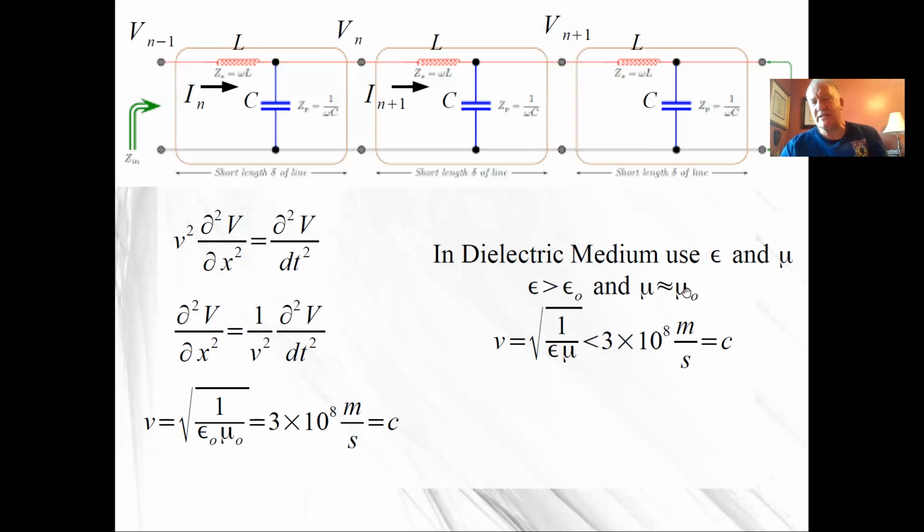So it's about approximately the same value. The velocity is still 1 over the square root of epsilon times mu, but now epsilon is larger, so we see the velocity is slower. So inside the dielectric medium, as these electromagnetic waves pass through it, they're moving slightly slower than the speed of light in a vacuum.